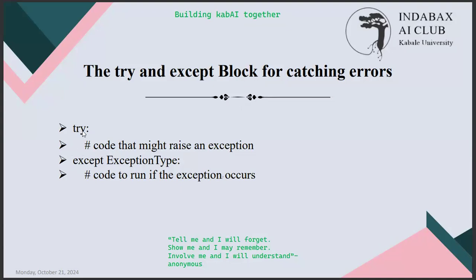So you can take try to be if and except to be else. Try means if the program has no errors, then the code inside the try part will run successfully. And then except means if there is an error, then the code that you put here is what will run. So let's see how to handle this error.